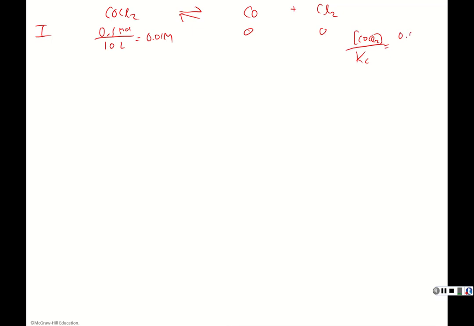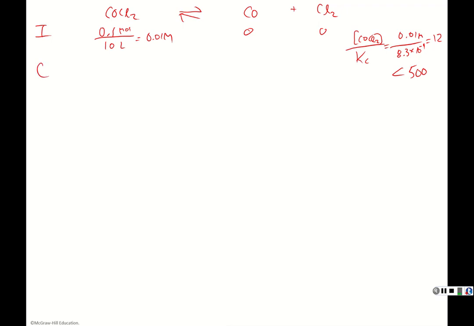So 0.01 molar divided by 8.3 times 10 to the minus 4 equals 12, which is less than that magical 400 to 500 range. So we can't use this. Okay. So we have to do it the long way.